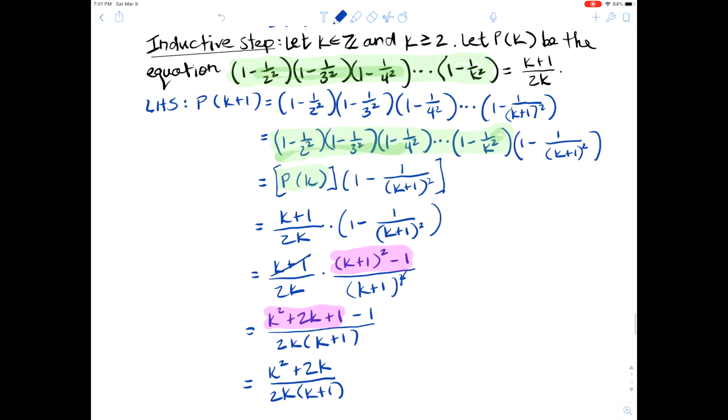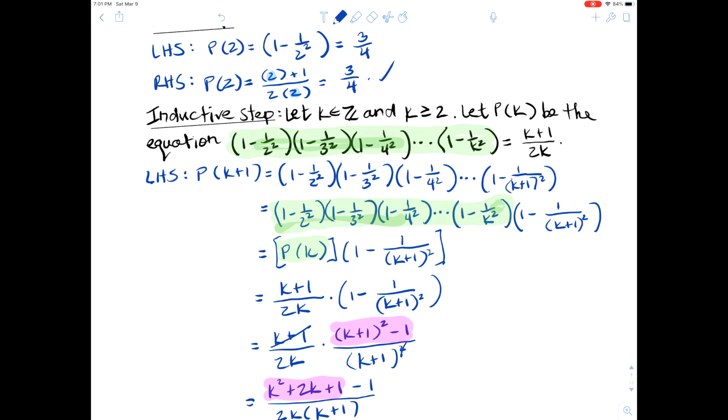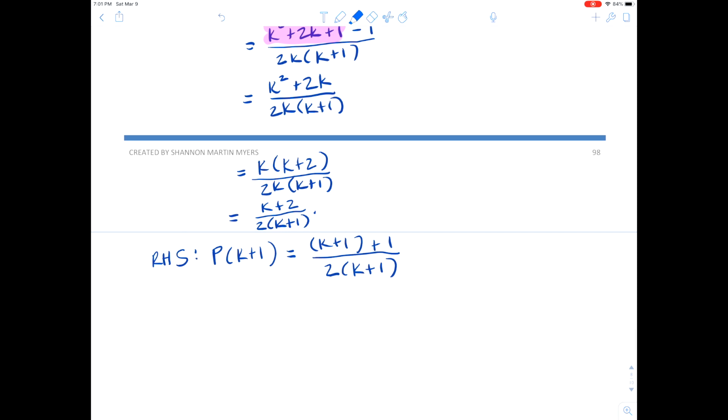Remember, we're looking at the formula on the right-hand side, this one here, which is (k plus 1) over 2k. So wherever I saw a k, I plugged in a k plus 1. And then simplifying this one, we'll have (k plus 2) over 2 times (k plus 1), which is equivalent to what we got for the left-hand side.